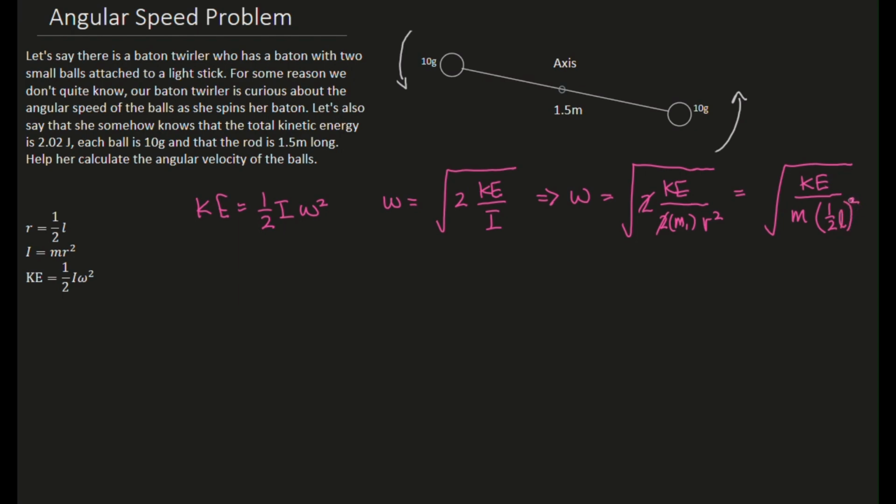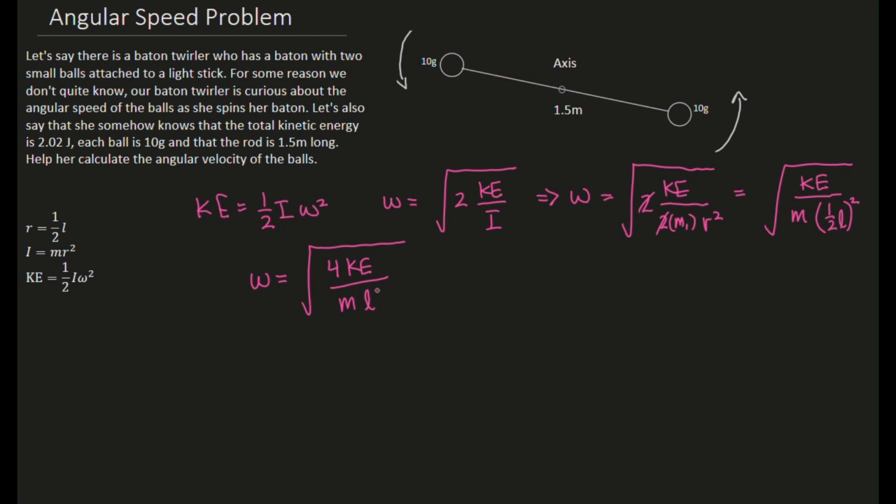The square applies to the 1/2 and the length, and instead of dividing by another fraction, I'm going to take its reciprocal and multiply it. So that 1/2 becomes 1/4, and then I can bring it up to the numerator. And so that becomes 4 times the kinetic energy over the mass of one ball times the length squared.